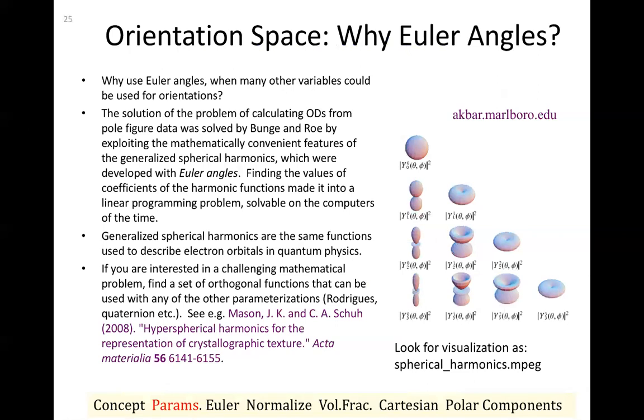So the reason we use these complicated Euler angles is because there's a convenient Fourier series for them. And that Fourier series allows us to do things like convolution integrals with respect to orientations, so we can write out these distributions, calculate them. It was originally developed as a way of solving the classic problem of inverting the pole figure, right?